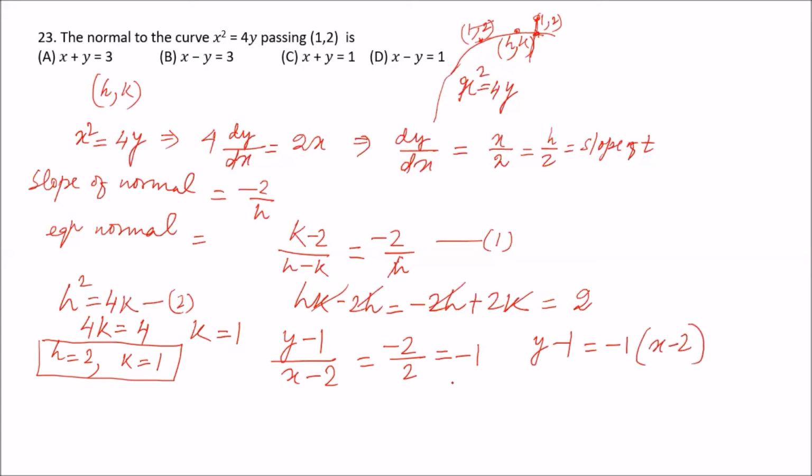What is the equation? Equation will be y is equal to minus x plus 2 plus 1, or y plus x is equal to 3. So this is the answer to this question. Answer is A.